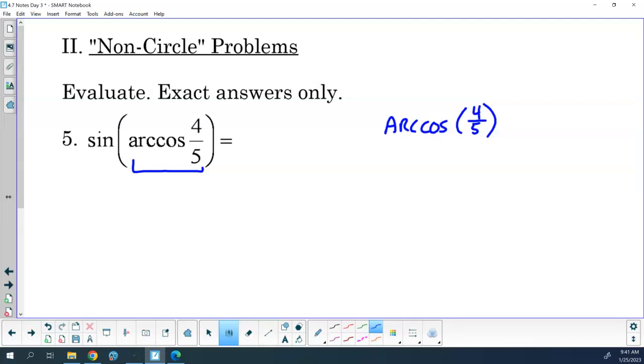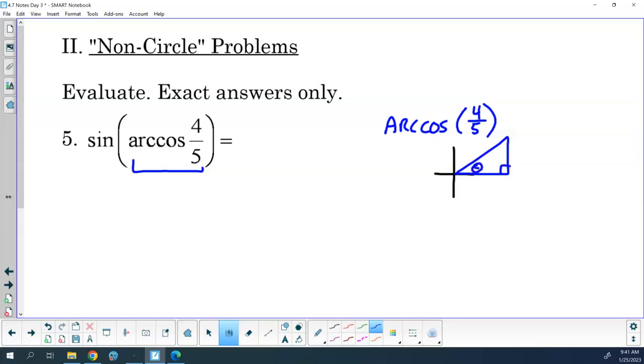So I'm looking in quadrant 1. So I'm going to draw myself a quadrant 1 triangle. I'm not going to lie to you, that's a pretty impressive right triangle right there, if I can say so myself. So it's a quadrant 1 right triangle.